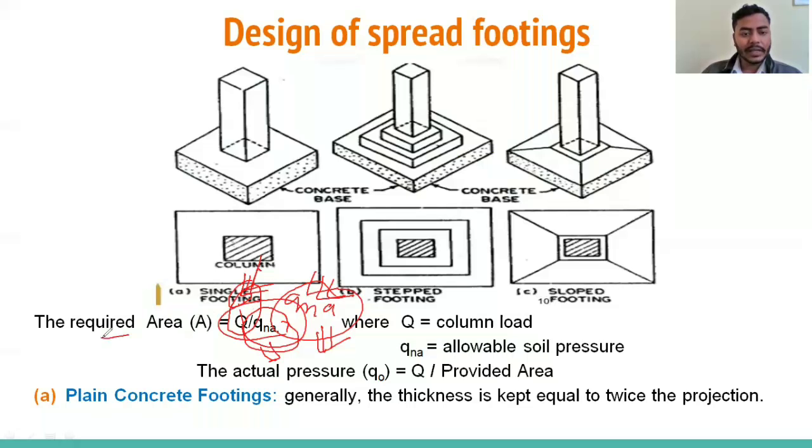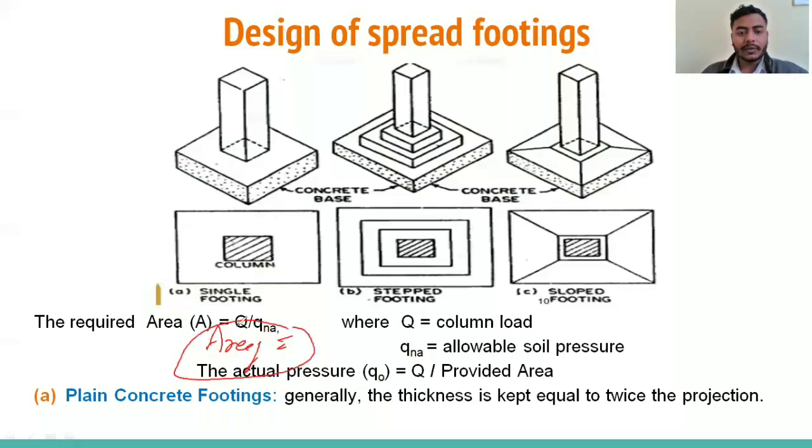So we can calculate what area is required according to that Q_na. So first we will calculate what area is required. Suppose we got some required area, right? So generally we provide some extra area, some greater area compared to the required area, to be on the safer side, right?